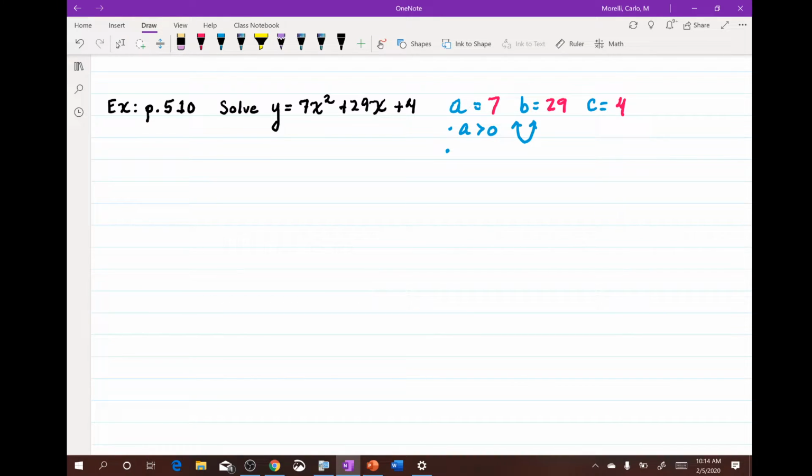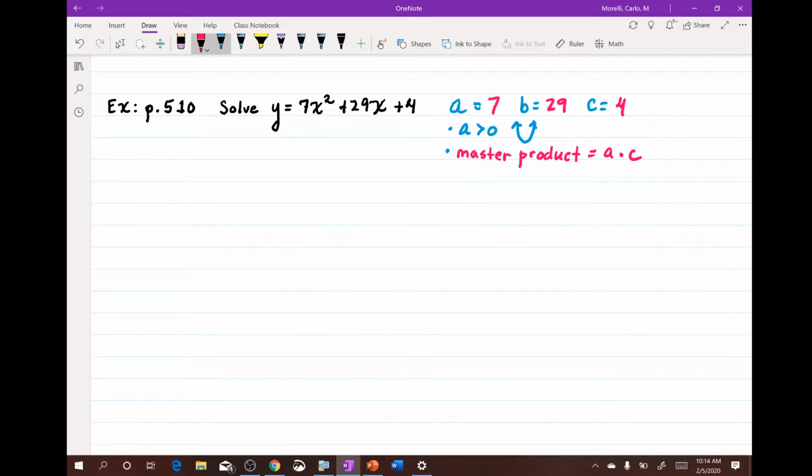So right now, ladies and gentlemen, that's all we know. Because now we need to learn something new. We are going to learn how to find the master product. The master product is equal to A times C.